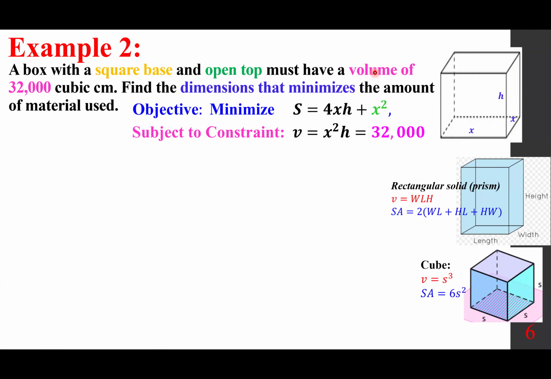So having said that, how do we solve this? Again, notice S has 2 variables, x and h. So we can use the constraint and solve for one of them, for example h, by dividing both sides by x squared.